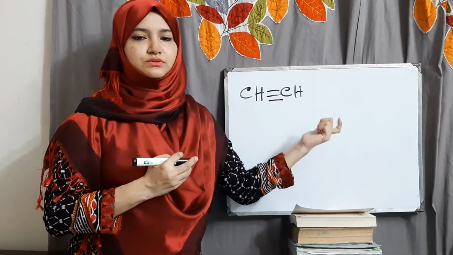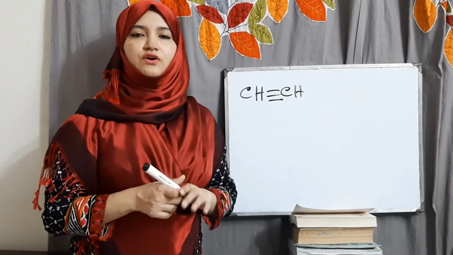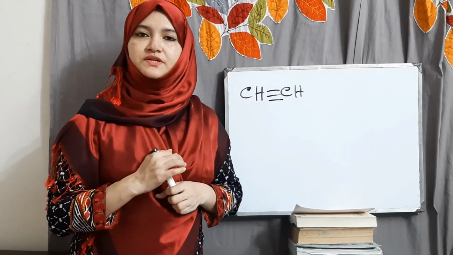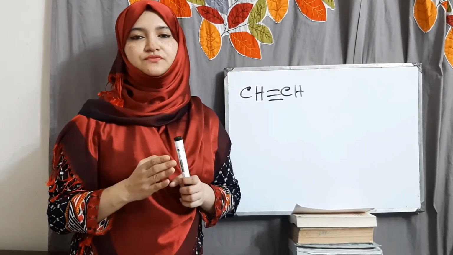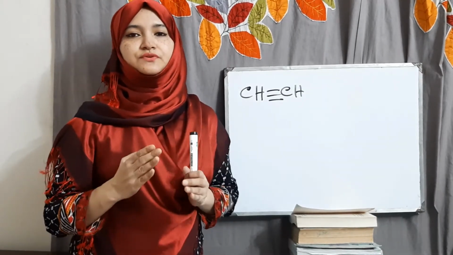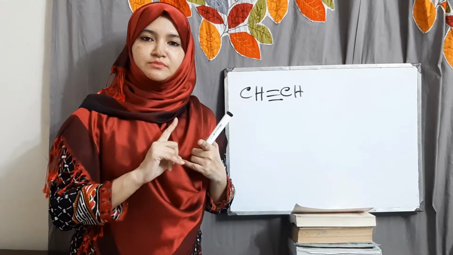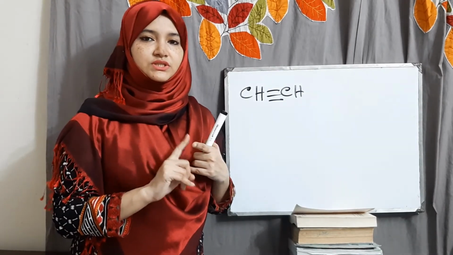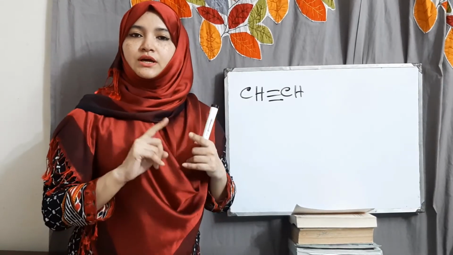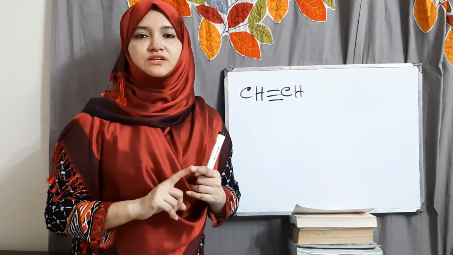Alkyne reacts with water in the presence of a special reagent, 2% mercuric sulfate and 20% dilute sulfuric acid. That means the reagent is a mixture of 2% mercuric sulfate and 20% dilute sulfuric acid.